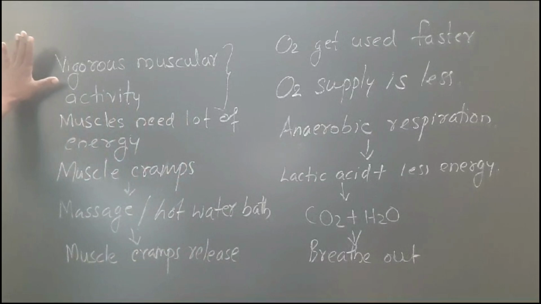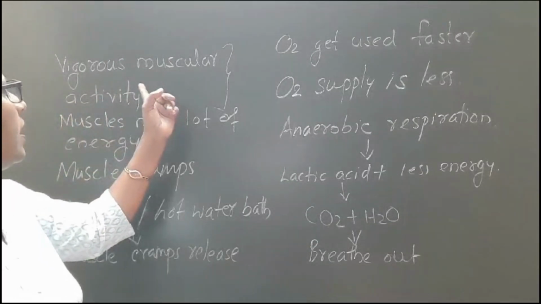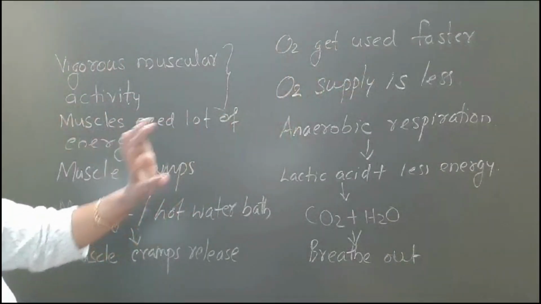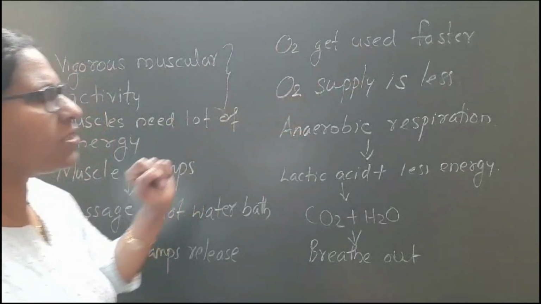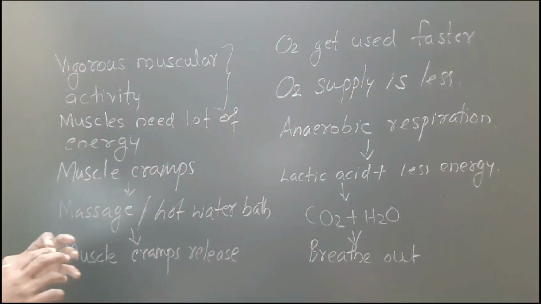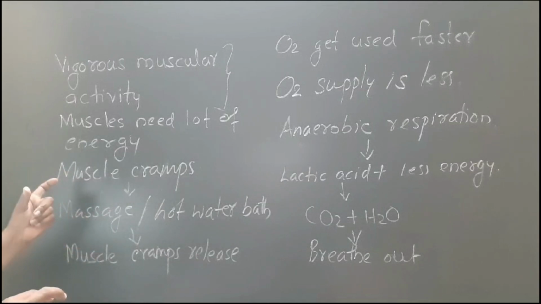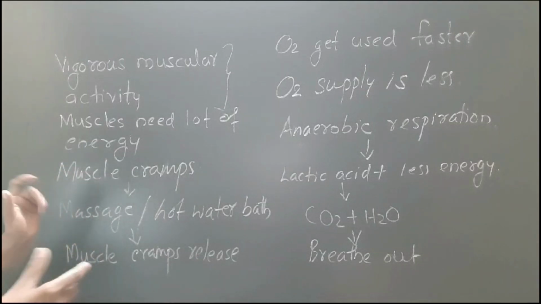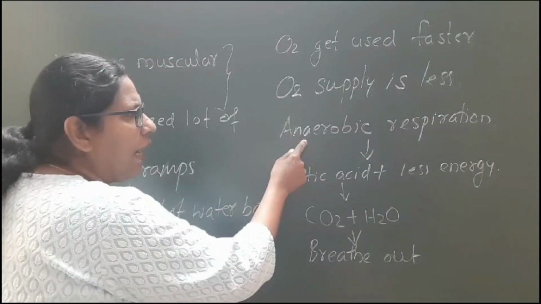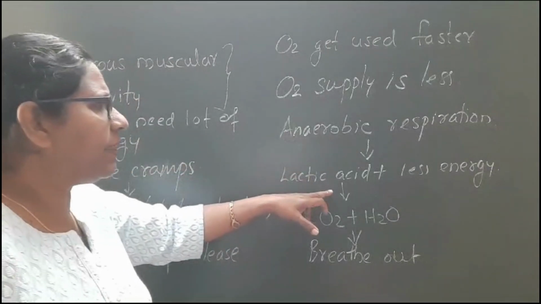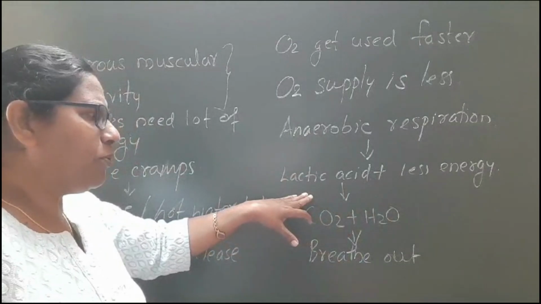Understood? Once again, during vigorous muscular activity, muscles need a lot of energy. Oxygen gets used up faster, so the supply of oxygen is less. In this situation, the cells have to break down the glucose because they need energy. So they go for anaerobic respiration, in which lactic acid and very little energy are produced.